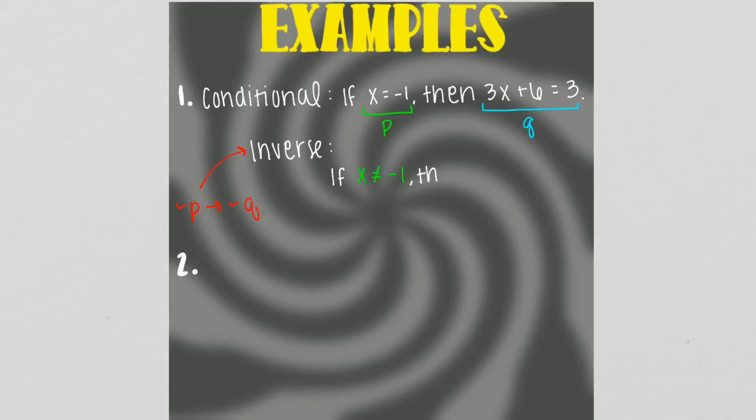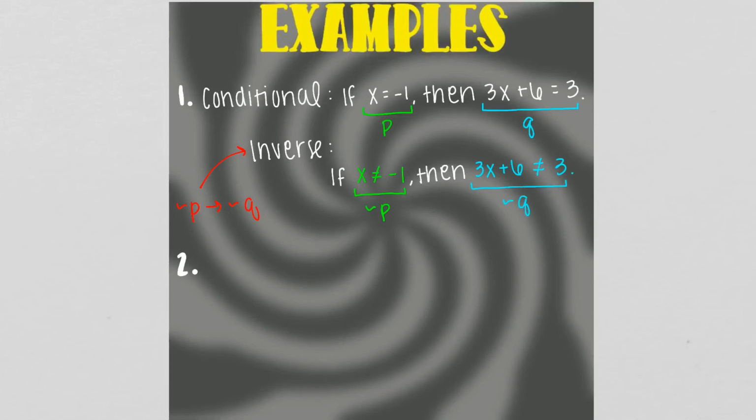Then, same thing with our conclusion: since it's not Q, it becomes 3x plus 6 does not equal 3. So now, instead of having P after if, you have not P. And instead of having Q after then, you have not Q.